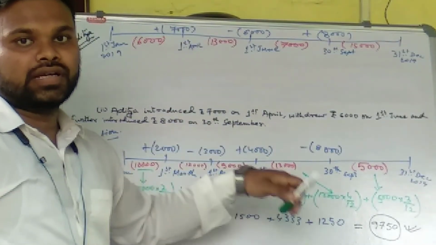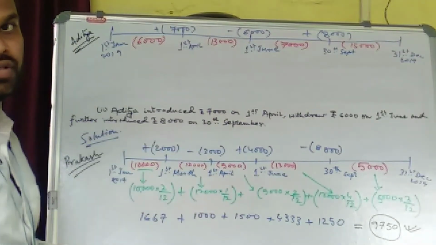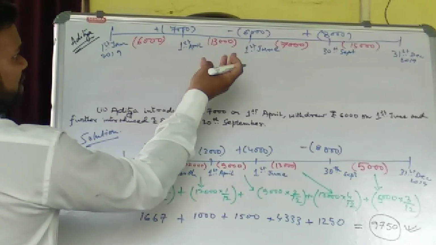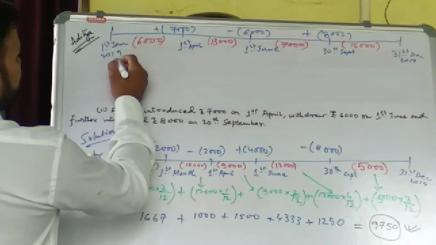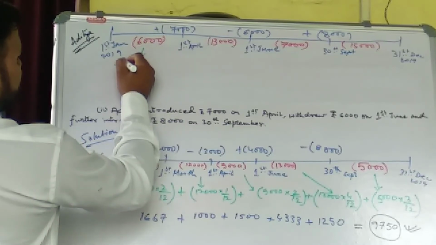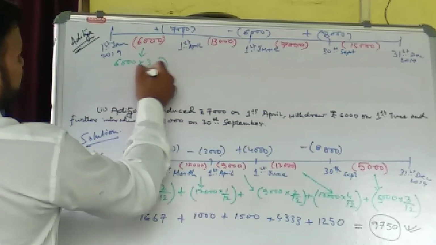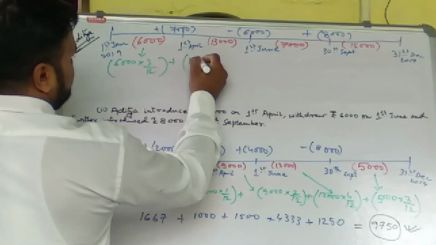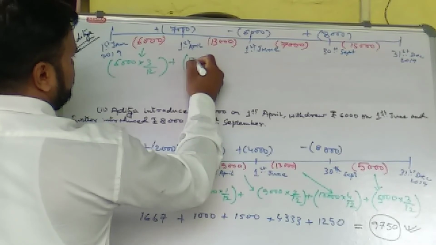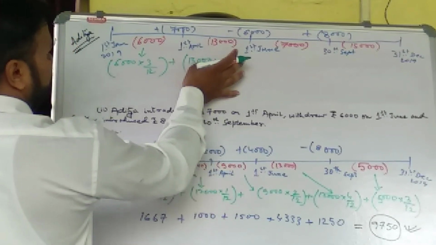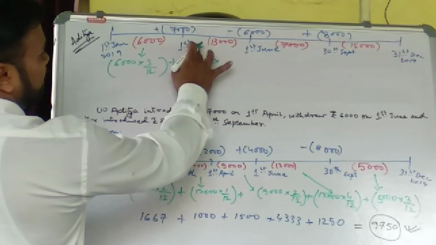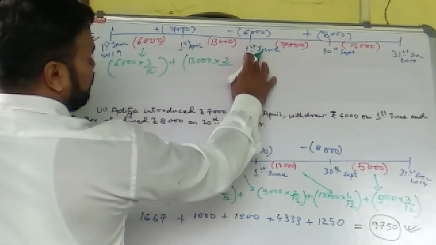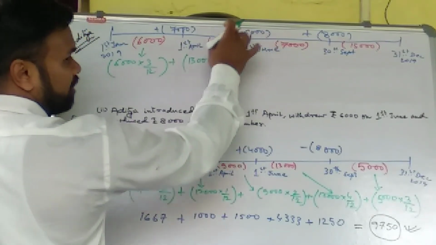Now we will calculate the time usage. From January to April, January, February, March, 3 months. So 6,000 will be calculated on 3 months, plus 13,000. From April to June means April, May, 2 months. We are not calculating June because on the first date of June he is withdrawing 6,000.